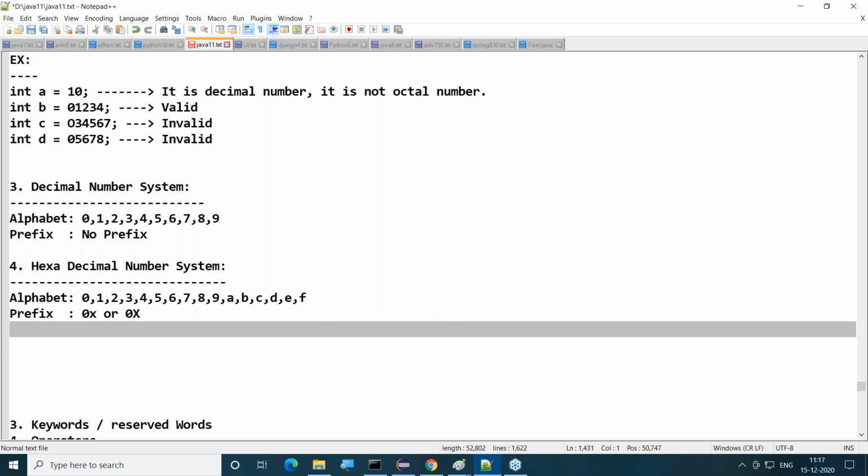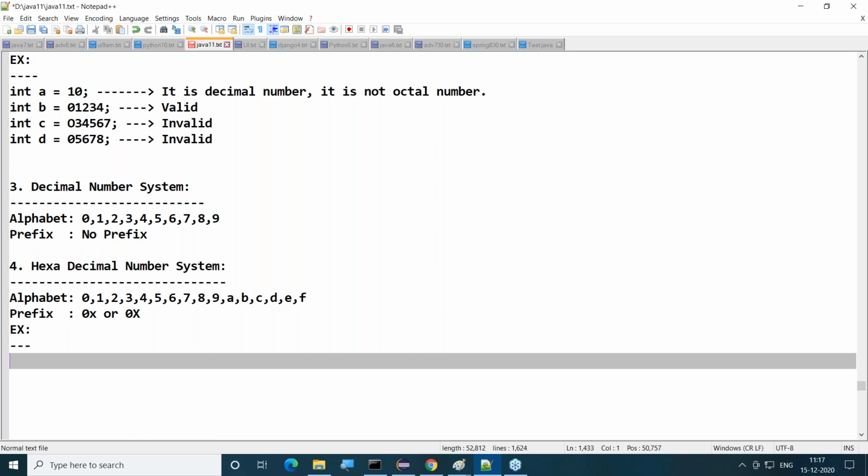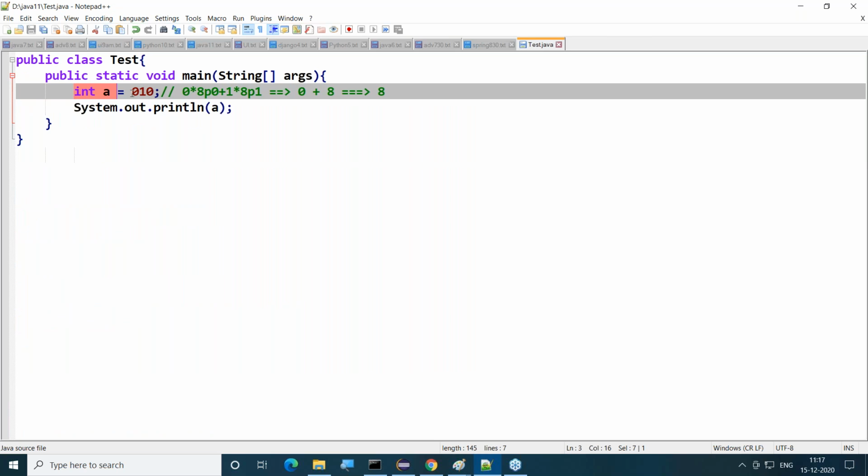I want to go for some examples. First of all, let me show a programming part for that. Now observe this clearly. All of you know this is an octal number. Now I want to provide a hexadecimal number.